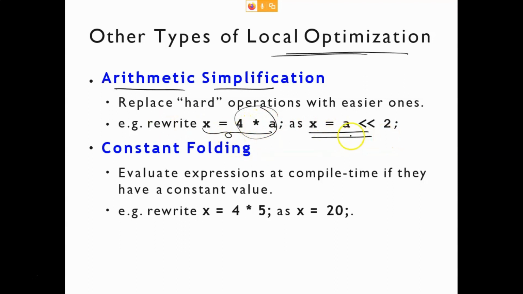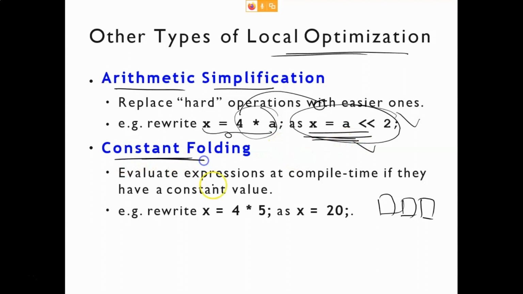Left shift is a cheap operation, because you have counter logic. All you need to do is apply 2 clock pulses and it will be shifted. That's why the shift operation is very cheap in our hardware, so we replace multiplication with shift operation whenever we can.